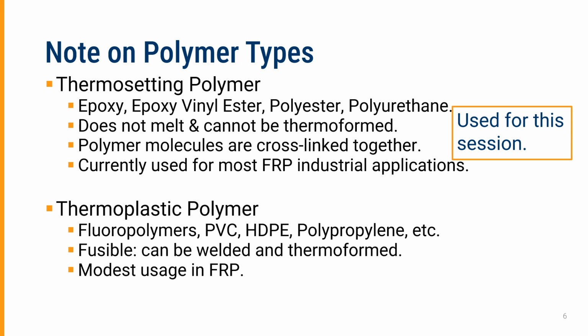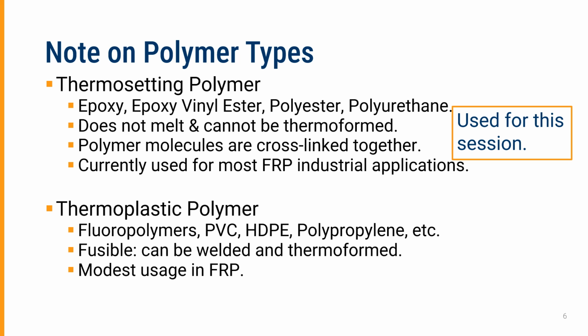You will never get these out of an injection molding machine. The polymer molecules themselves are cross-linked together to form a relatively rigid and relatively brittle structure. They're currently used for most FRP industrial applications. It is a relatively strong polymer. This video discusses really only thermosetting polymer.